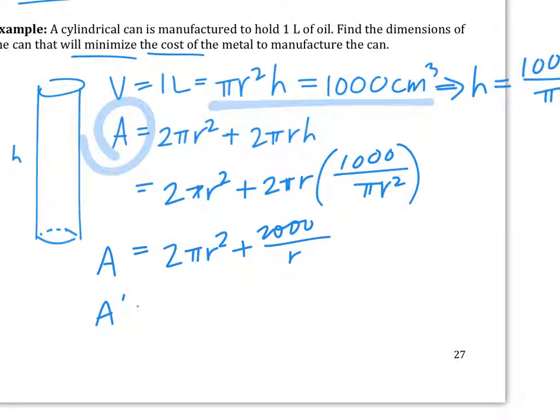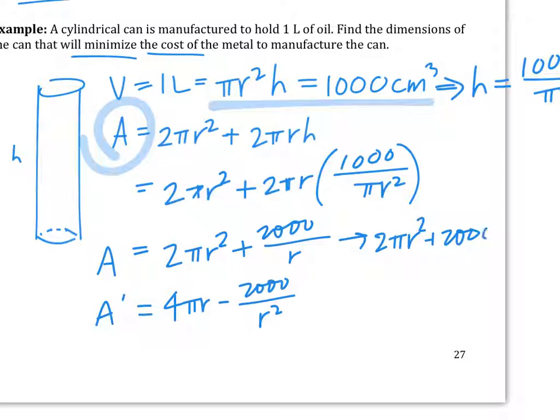What is the derivative? 4 pi r minus 2000 over r squared. Wait, is it 2 pi r minus 2000 over r squared? Because you can change this to 2 pi r squared plus 2000 r to the negative 1. So when you take the derivative, remember to subtract 1.